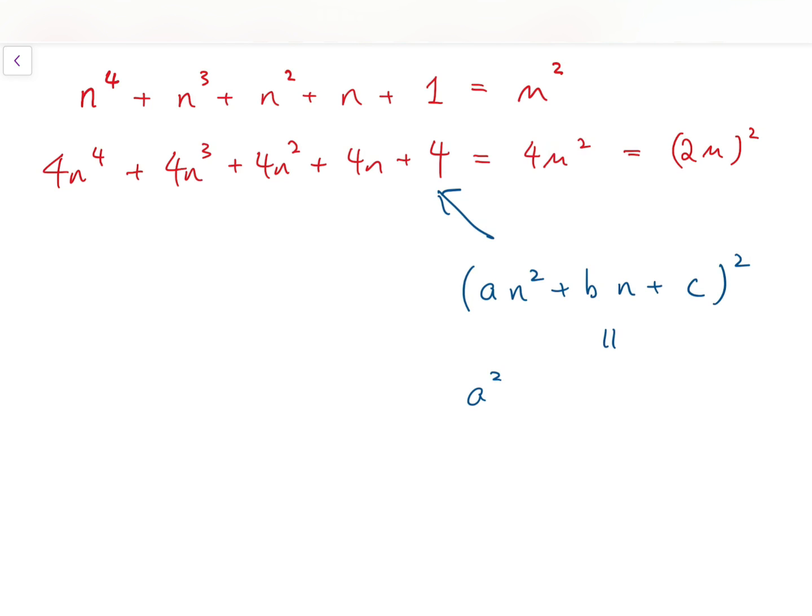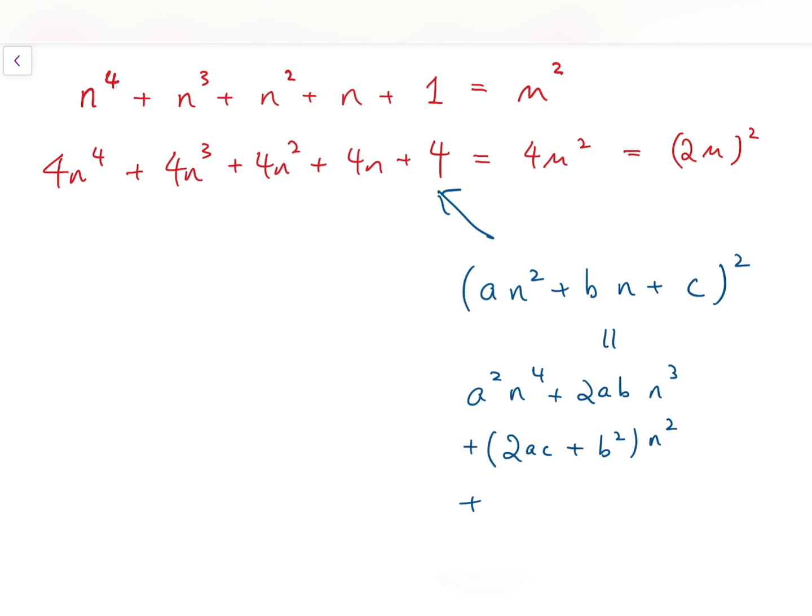If I expand this square, then I'll have a squared times n to the power 4. For n cubed, the coefficient is 2ab. And for the square term, we have 2ac plus b squared, multiplying b and b, and a times c, or reversing the order.